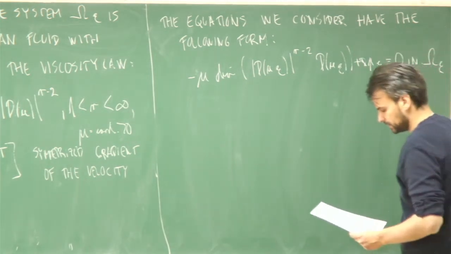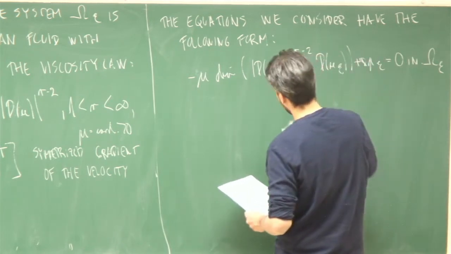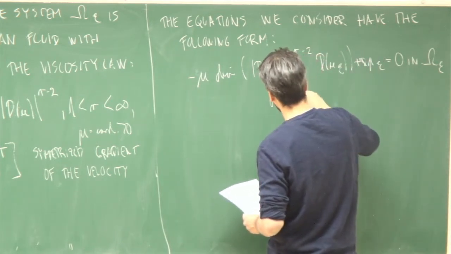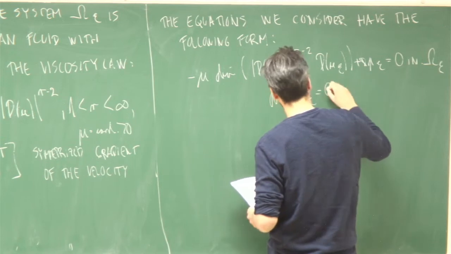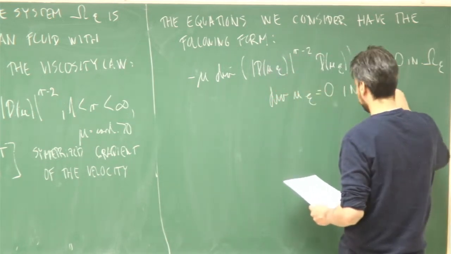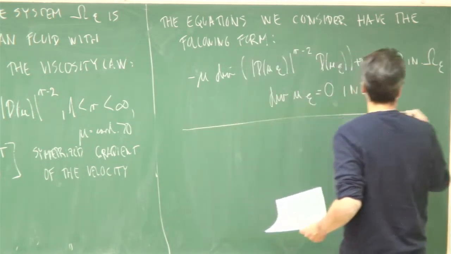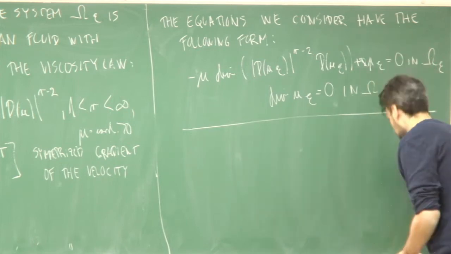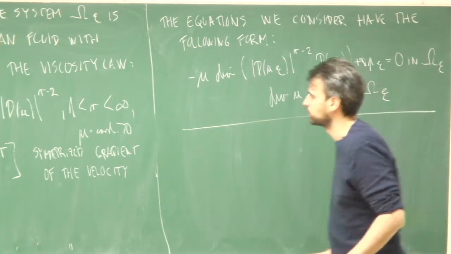These are the equations that we consider, with of course the incompressibility condition in omega epsilon. Of course, as I mentioned, for r equal to 2, you have the classical Stokes system.